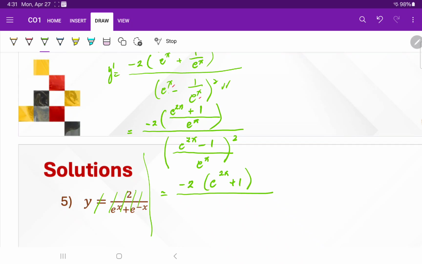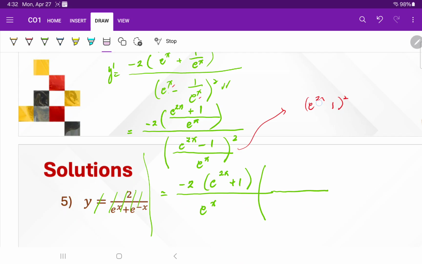E to the 2x plus 1 over e to the x. Okay? And then we multiply this by the reciprocal of the denominator. So what's the reciprocal of the denominator? Actually, let's simplify this here. Because this is the same as e to the 2x minus 1, squared.